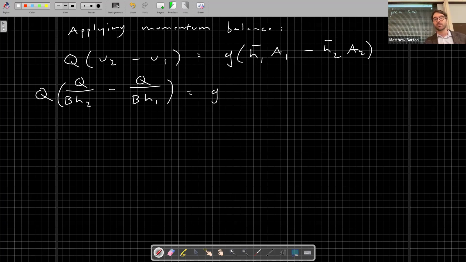Okay, so for the right-hand side, we need the centroid or the centroidal height of our channel. For a rectangular channel, what will the centroidal height be? Very good. So it'll be H1/2.